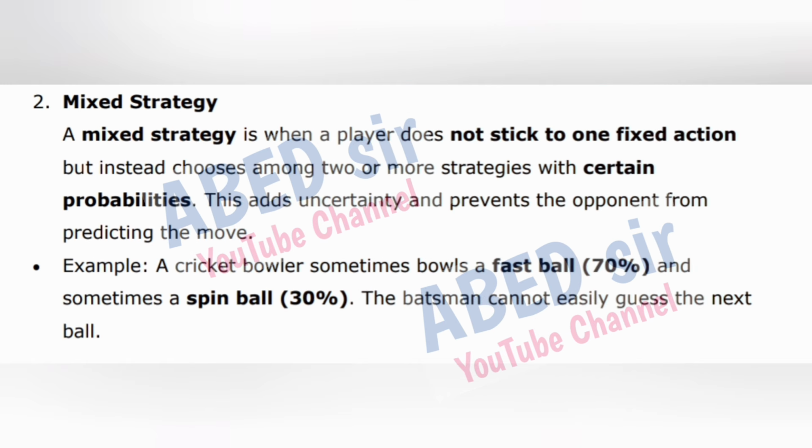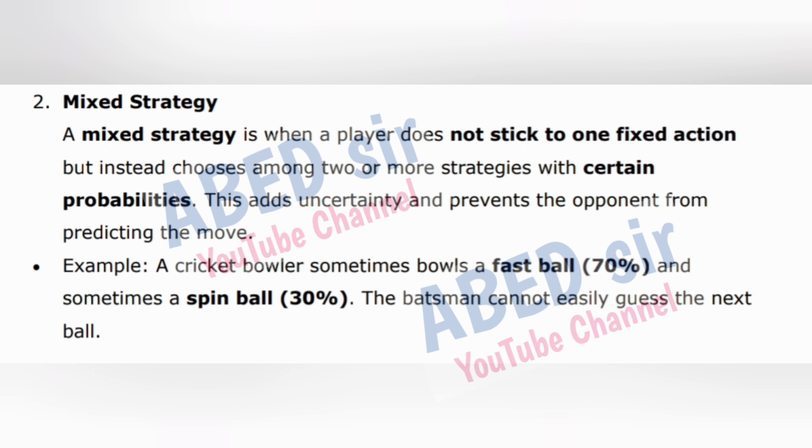2. Mixed strategy. A mixed strategy is when a player does not stick to one fixed action but instead chooses among two or more strategies with certain probabilities. This adds uncertainty and prevents the opponent from predicting the move. Example: a cricket bowler sometimes bowls a fast ball, 70%, and sometimes a spin ball, 30%.